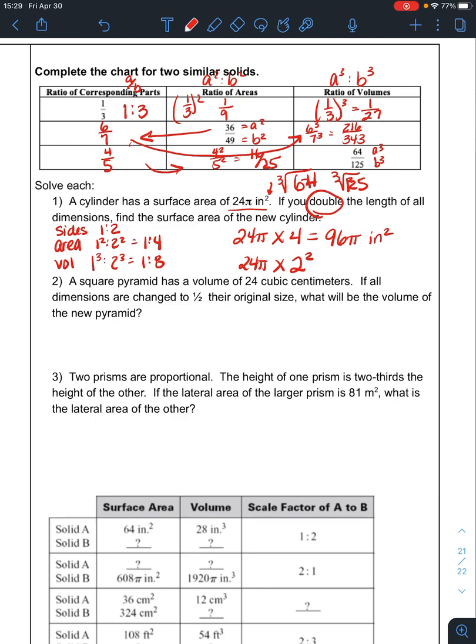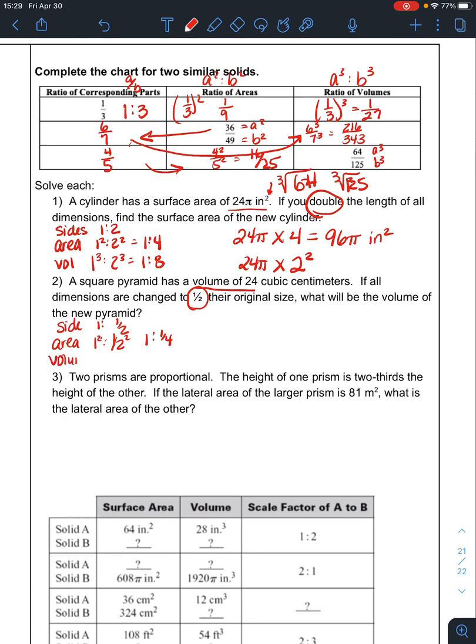So we've got a square pyramid. It has a volume of 24 if all the dimensions are half their original size. So my sides ratio will be 1 to 1/2. My area ratio, just to think through all of them, will be 1 squared to 1/2 squared, which will be 1 to 1/4.